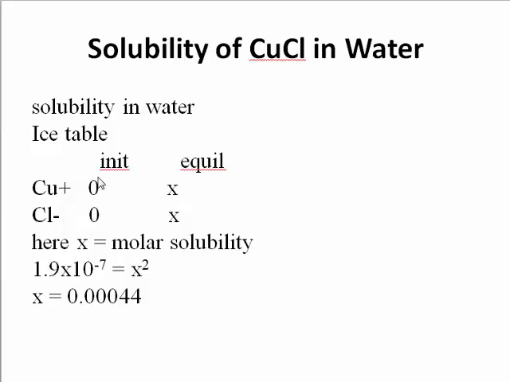Since the stoichiometry for the dissolution is 1:1, the equilibrium concentration of each of these is X. And here X will be equal to the molar solubility. 1.9 times 10 to the negative 7 is thus X squared. When we solve the equilibrium expression, that gives X as 4.4 times 10 to the negative 4.